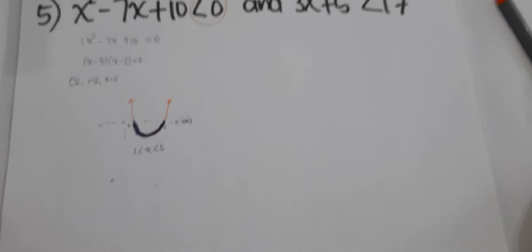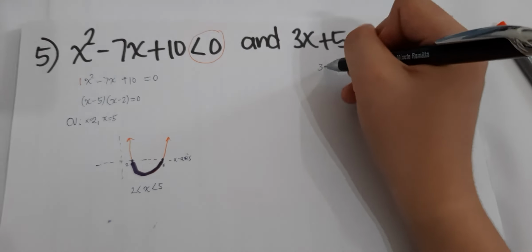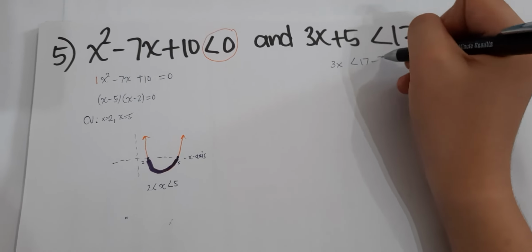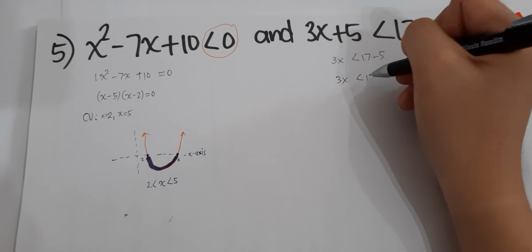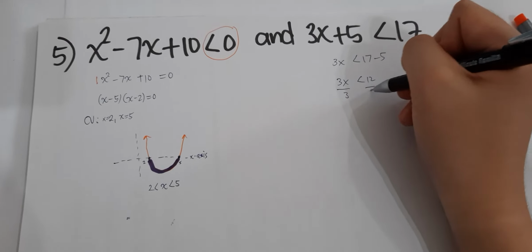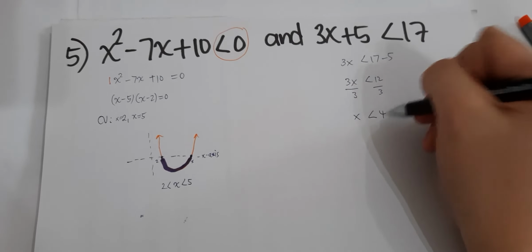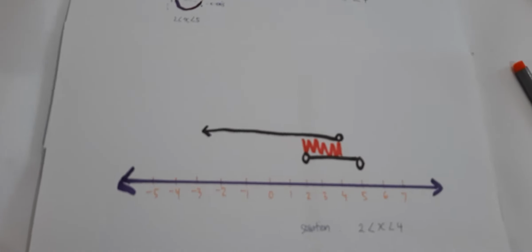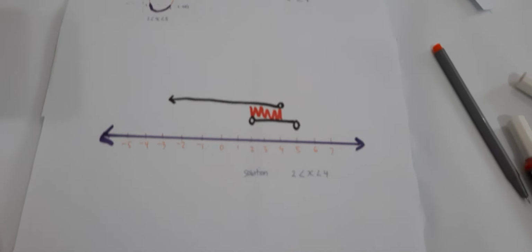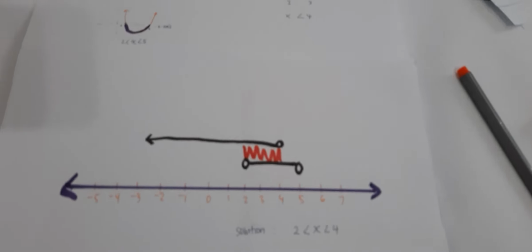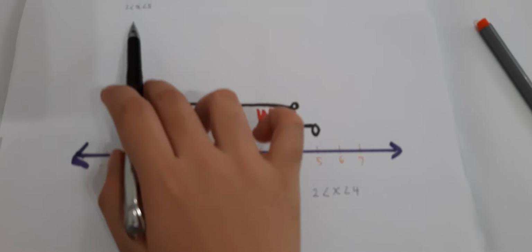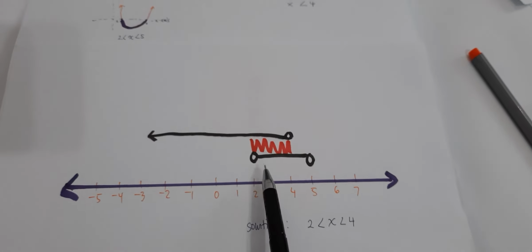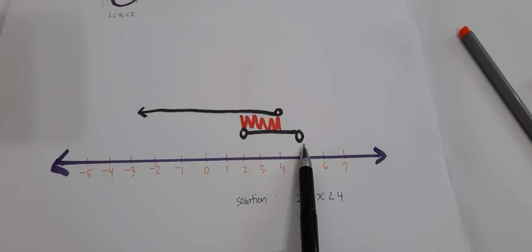For this one, you will solve it also individually. 17 minus 5, so 12 divided by 3, x less than 4. So you have two solutions. You just have to plot them on the real number line like this. Your first solution is from 2 to 5, this one, open.